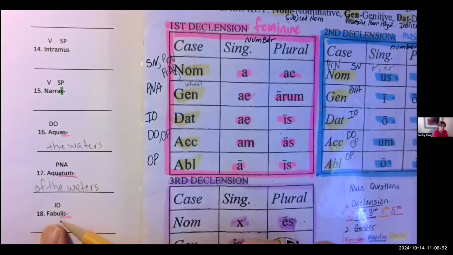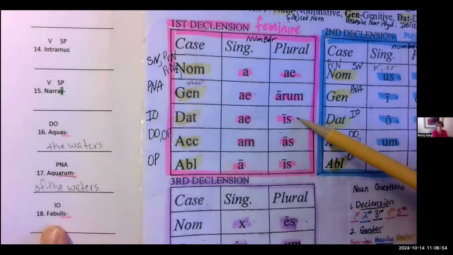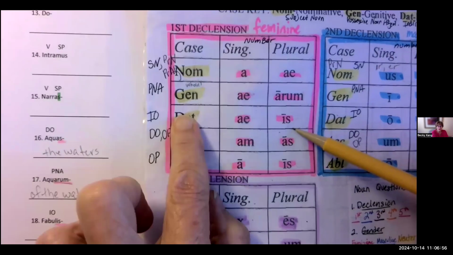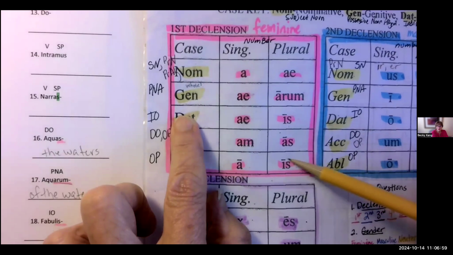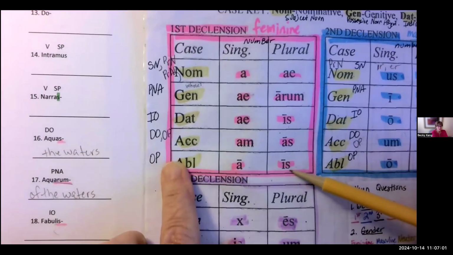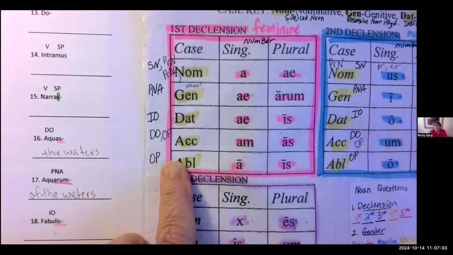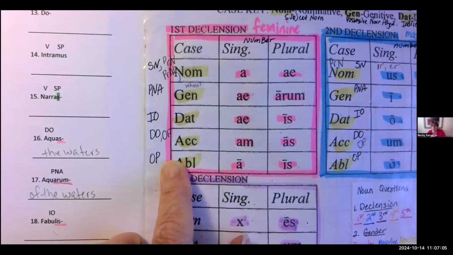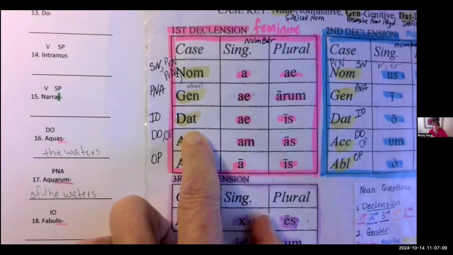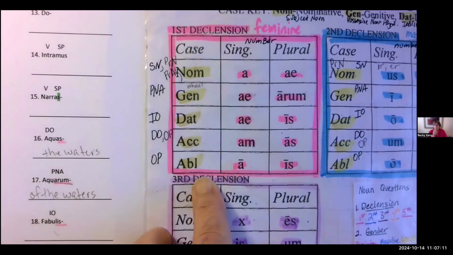Fabulis means story. It is either here with the indirect object or it's here with the object of the preposition. And with Latin, a lot of times you don't know what the word is operating as until you kind of mess with it. Could I have an indirect object here? Could it be the object of the preposition? So you have to figure it out.